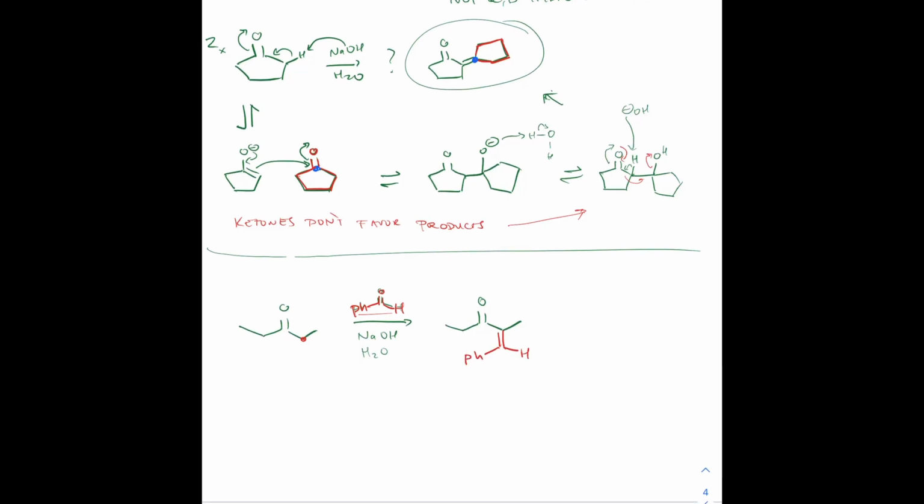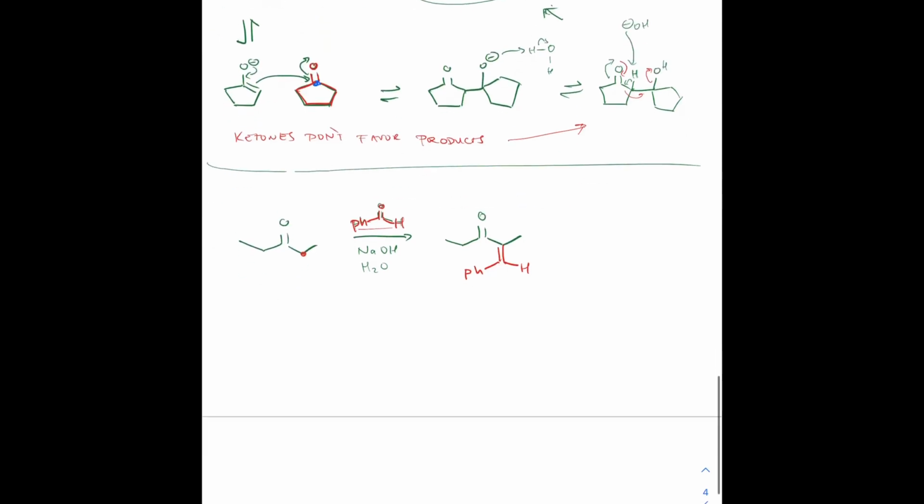The enolate comes from that ketone, which can attack the aldehyde and give us this final product here. If we remove that alpha hydrogen, we form this enolate, which can then attack the carbonyl carbon. Ultimately, what that's going to form is the beta hydroxy carbonyl.